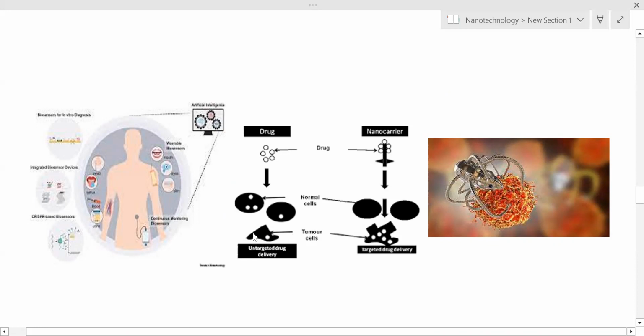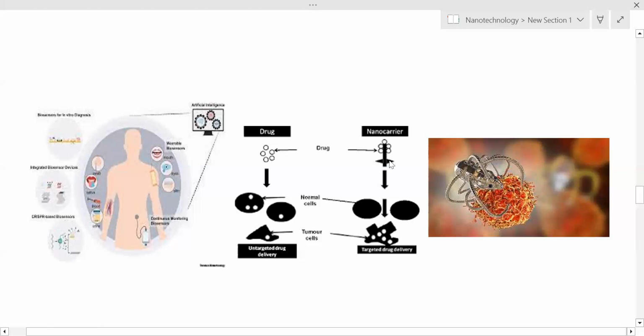heal that. For example, here we have normal cells as well as diseased tumor cells. In the case of a normal procedure, when we are sending the medicine drug, it is going on to normal cells. When it goes to normal cells, it will affect normal cells and it may partly damage them.